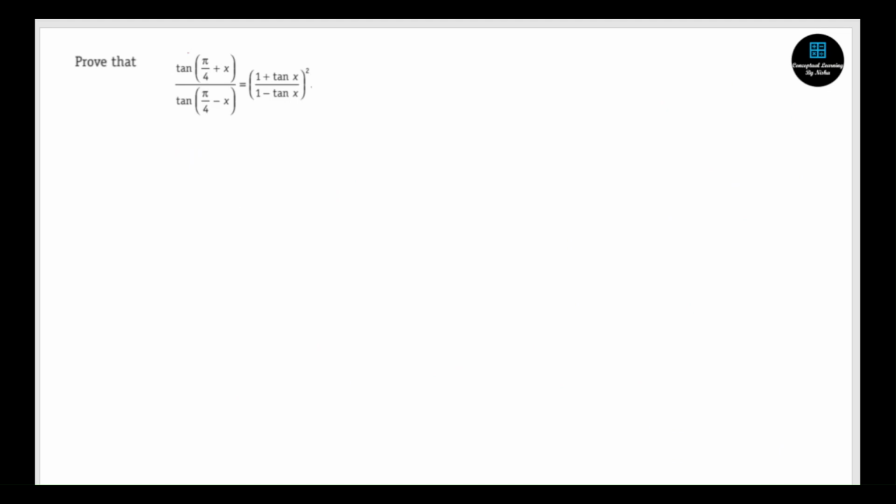Now again we have a tan form. You know the formula, so let me quickly write this: tan(A plus B) equals tan A plus or minus tan B over 1 minus or plus tan A into tan B, correct?